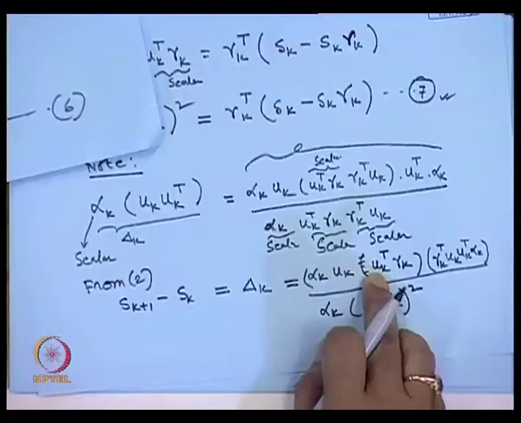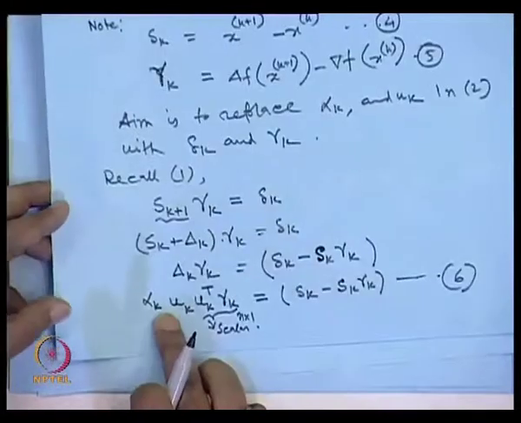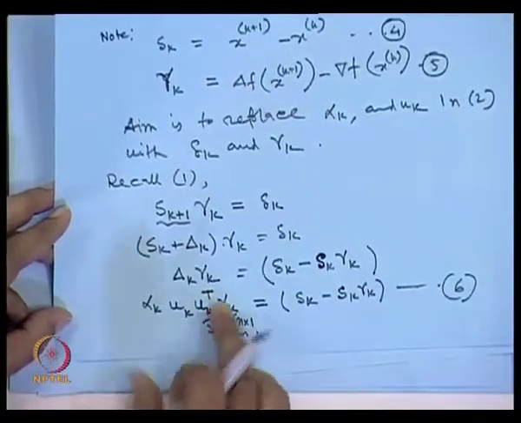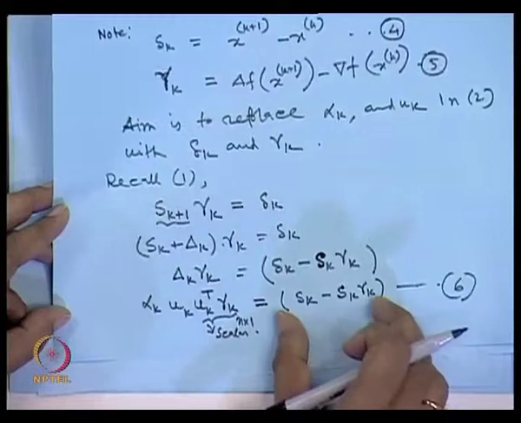So, using equation number 6, alpha k u k transpose gamma k will be replaced by that quantity.